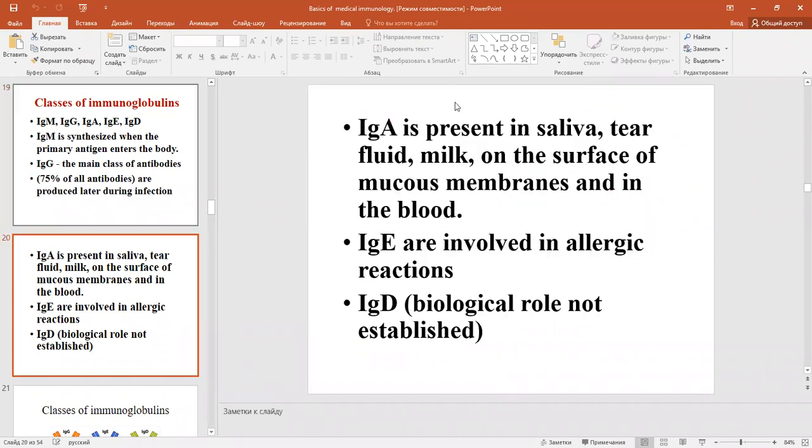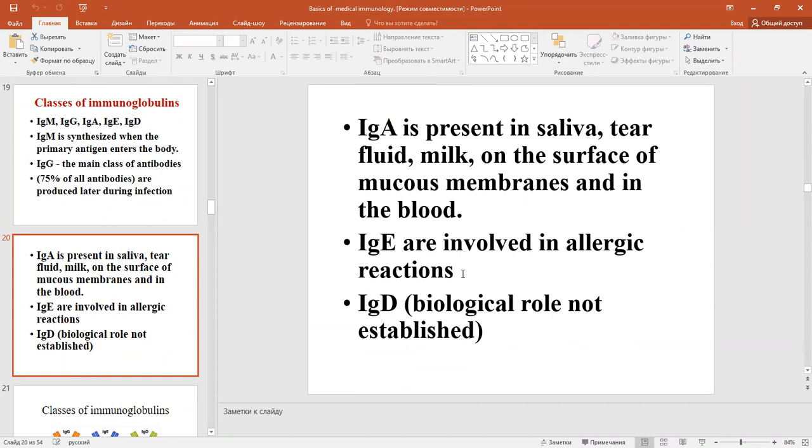Immunoglobulins A are present in saliva, tear fluid, milk, breast milk, on the surface of mucosa membranes, and in a small amount in the blood. Immunoglobulins E are involved in allergic reactions and not caused by microbes.